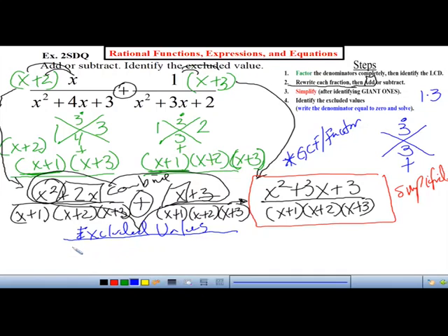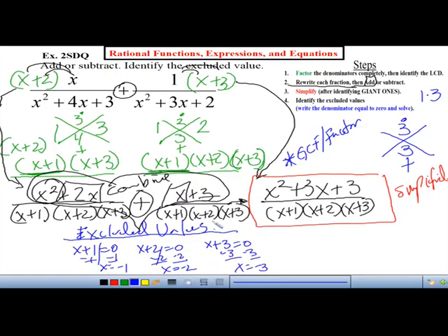So you write x plus 1 equals 0, and then x plus 2 equals 0, and then x plus 3 equals 0. And we solve, right? Minus 1, x equals -1, minus 2, x equals -2, minus 3, x equals -3.